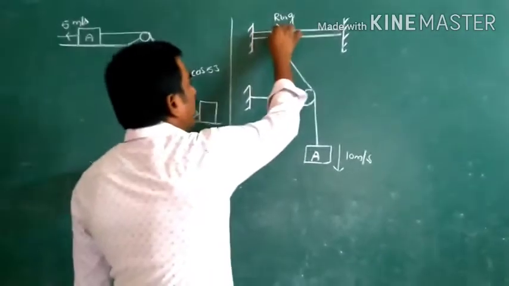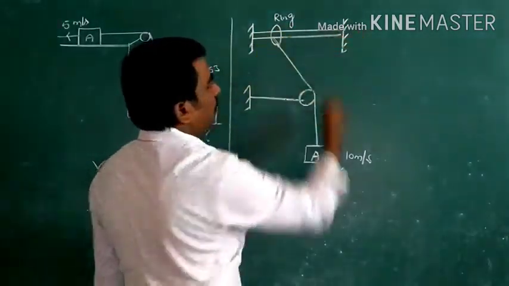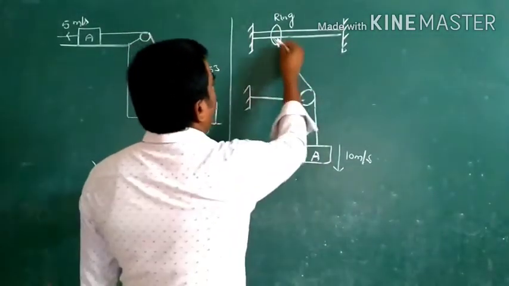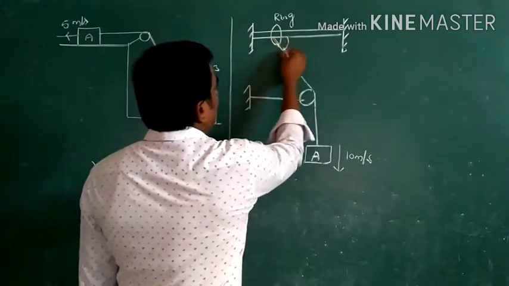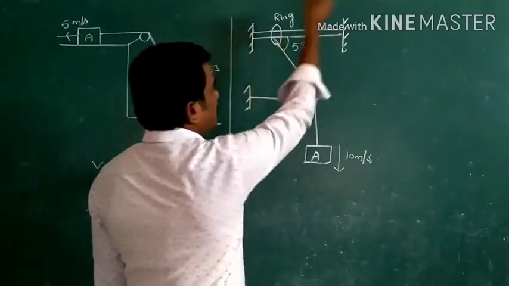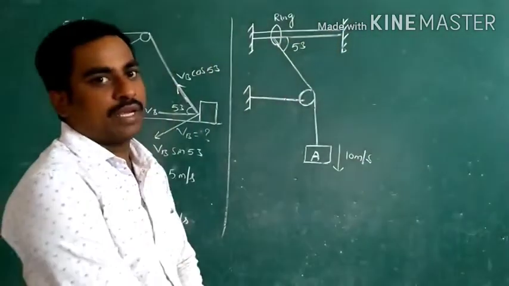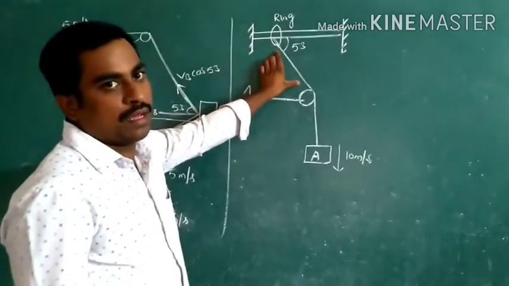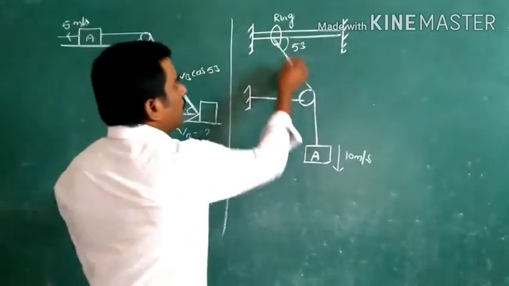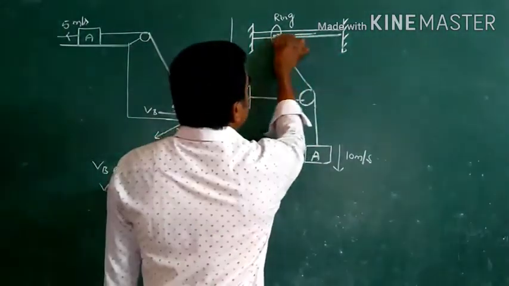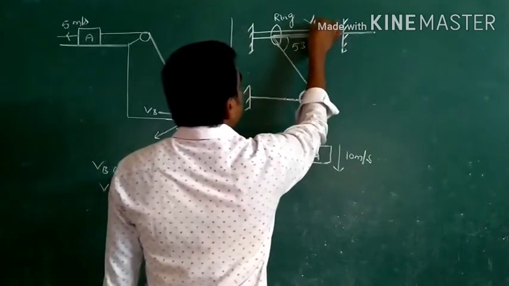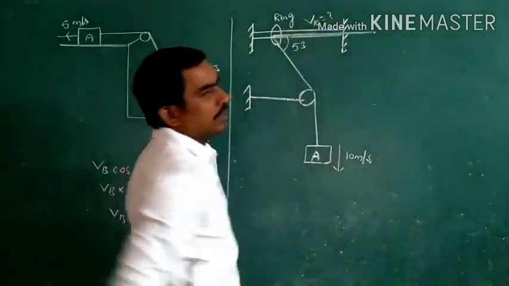Now, what is the velocity of this ring along the rod? Let us assume the ring makes an angle of 53 degrees with this thread. Now I am going to calculate the components. This is the velocity of the ring along the rod.